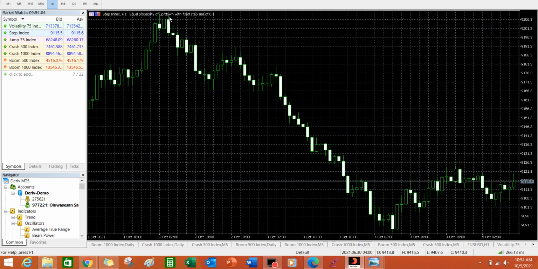Like I said, the movement is unique. It moves in different directions, both up and down, so you can also use the trend strategy to trade it. It is a steady movement like we have in boom and crash, but we don't have the sudden spikes that happen in boom and crash.